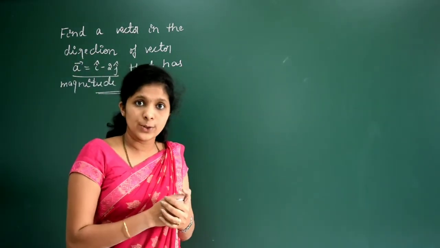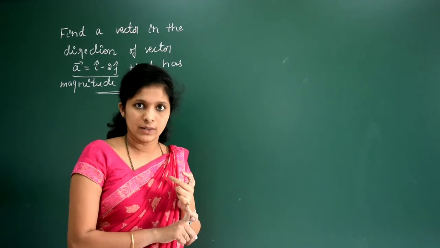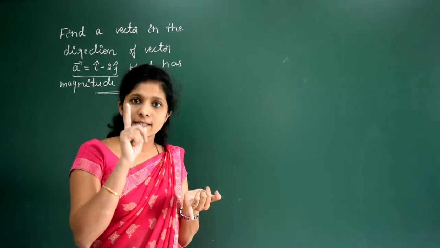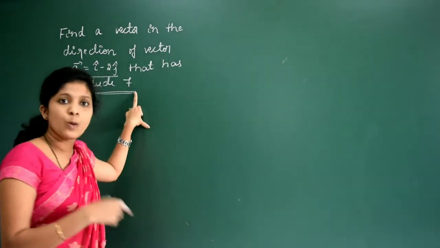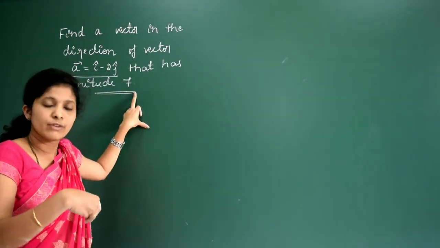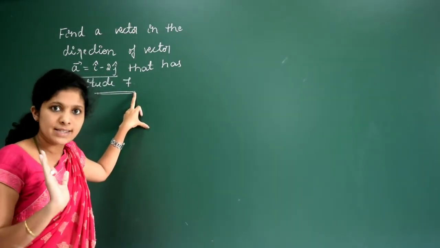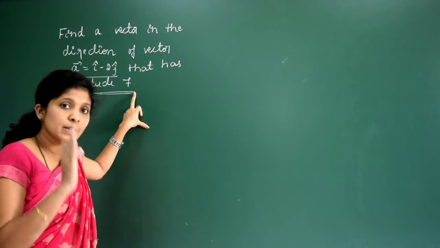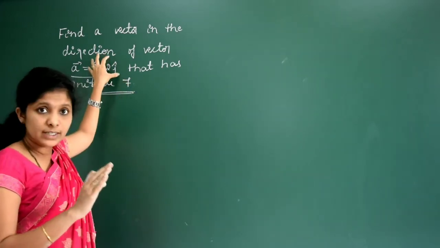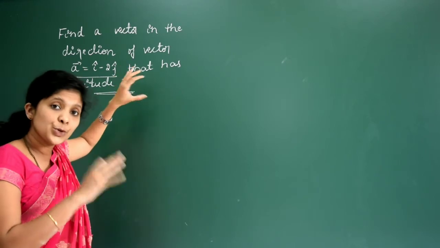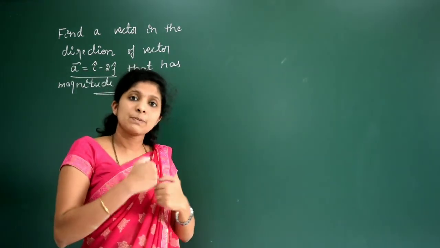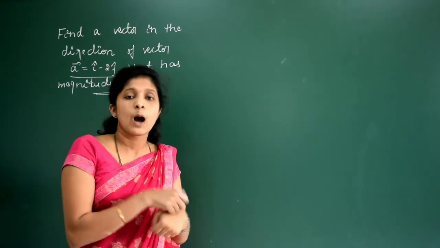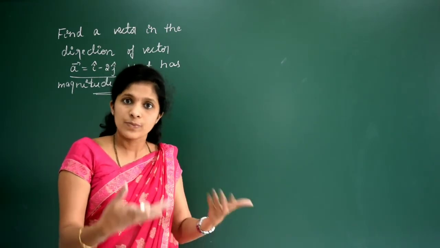For that, first we will find a unit vector, which has magnitude 1. If you multiply that by 7, obviously the new vector has magnitude 7. Is it clear? First we will find the unit vector, then multiply it with 7. Obviously the magnitude will be equal to 7.